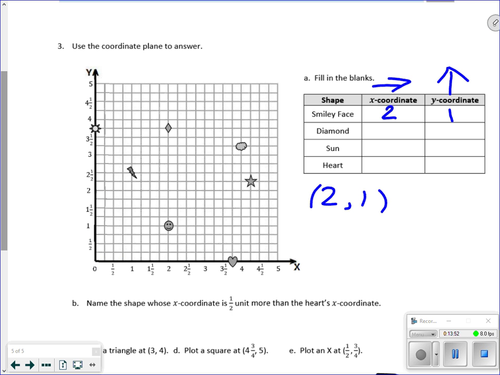So I pick a spot. I'm going to look at between 0 and 1. Oh, yeah, this is what we did yesterday. Wow, looks familiar, Ms. Strickland. So I have how many spaces between 0 and 1? It's 4. So each hash is what? 1/4.